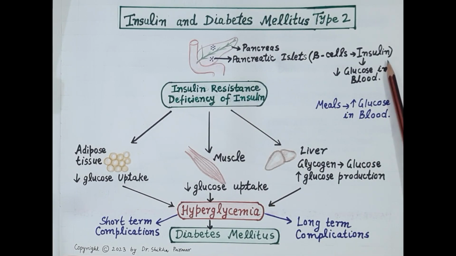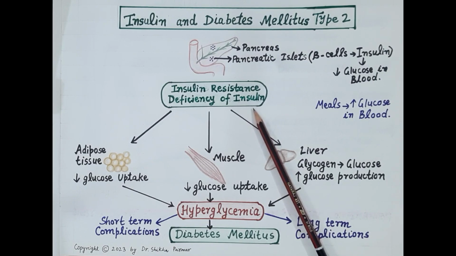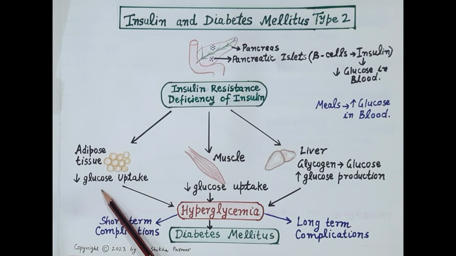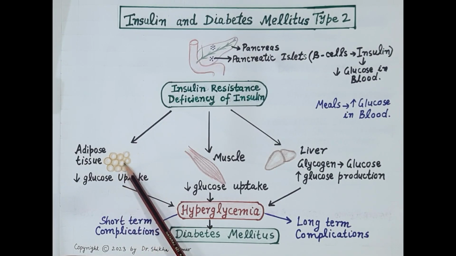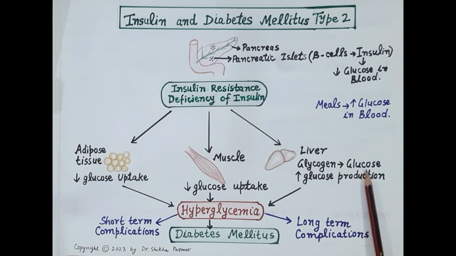Now, insulin is essential for the transportation of glucose from the blood to the body cells. So, this reduces concentration of glucose in the blood. So, insulin resistance and or insulin deficiency causes reduced uptake of glucose by the adipose tissues, reduced uptake of glucose by the skeletal muscles, and increased breakdown of glycogen stored in the liver to release glucose.